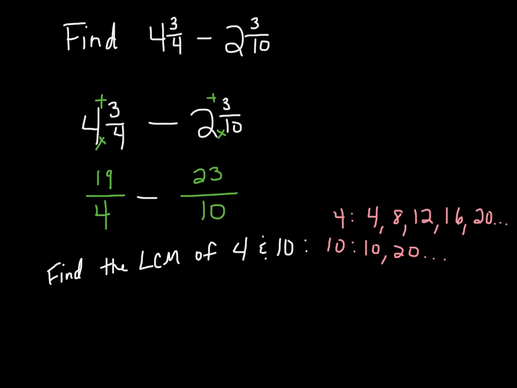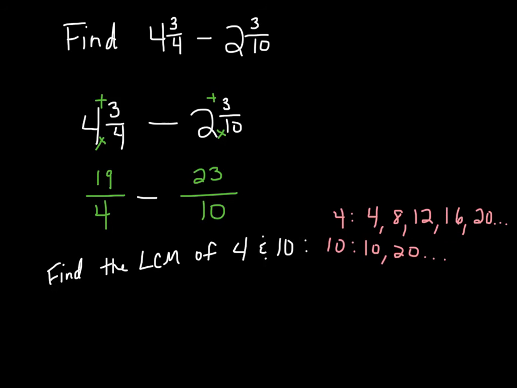So the book shows, again, when you're going to do the common denominators, it reminds you of the two methods. You can multiply your two denominators together, but then you're probably going to have to simplify. So in this video, I'm just going to keep focusing on finding the least common multiple and hopefully reducing the amount of simplifying that we've got to do. So I'm looking for the least common multiple of 4 and 10.